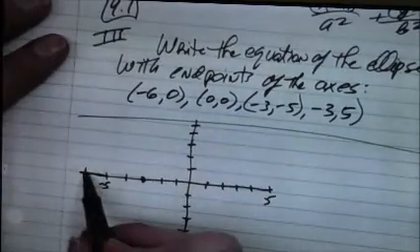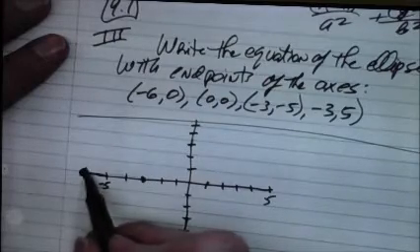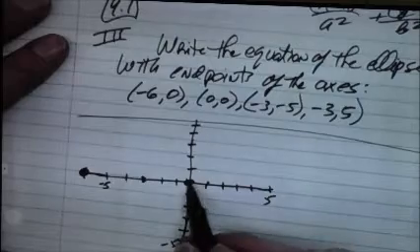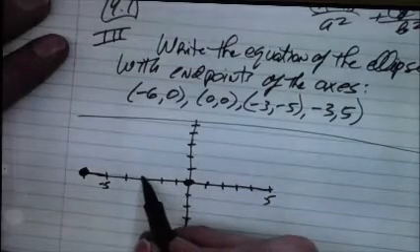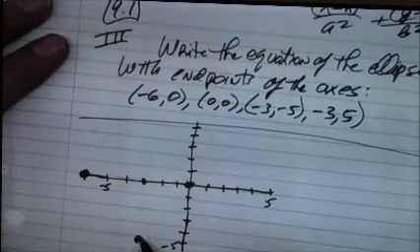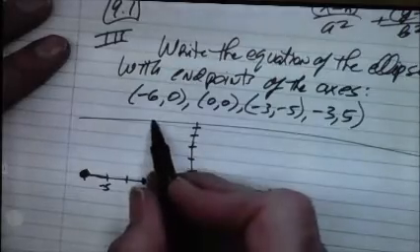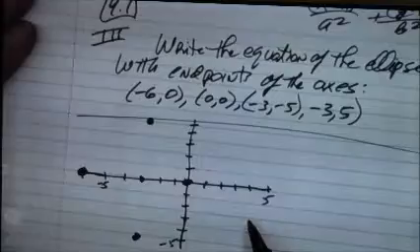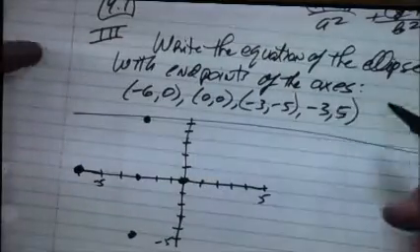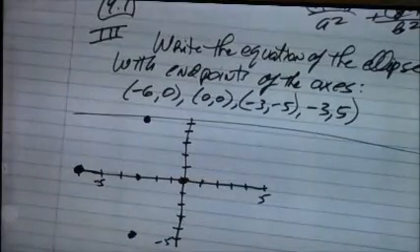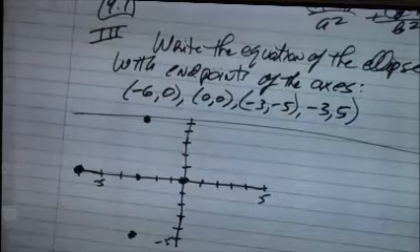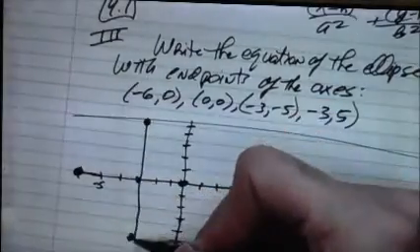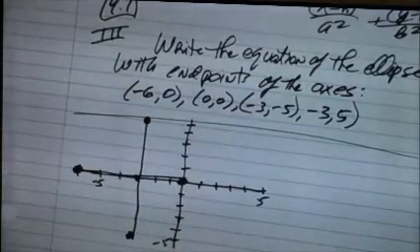So -6, 0 is right here. 0, 0 is here. -3 and -5 is here. And -3 and +5 is here. If you don't graph it, it's sort of hard to figure out which one is going to be the major axis and which one's going to be the minor axis. If you graph it, it becomes really easy to see what our distances are here.